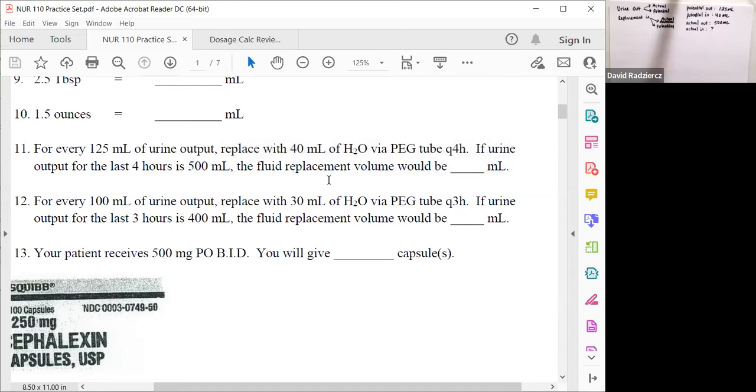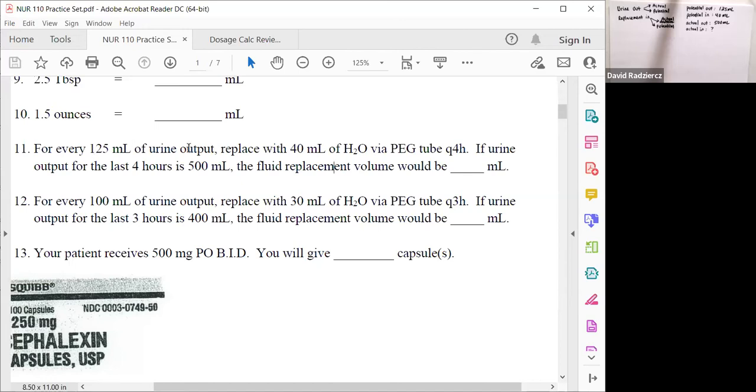So you can look at this and rationalize. If you know that for every 125 milliliters lost, you're going to replace with 40, you can say, if I take 500 divided by 125 and then multiply by 40, that'll give me my replacement volume. Or, and this is probably what most students do, they'll say 40 milliliters for 125 milliliters, so it would be 80 milliliters for 250 milliliters.